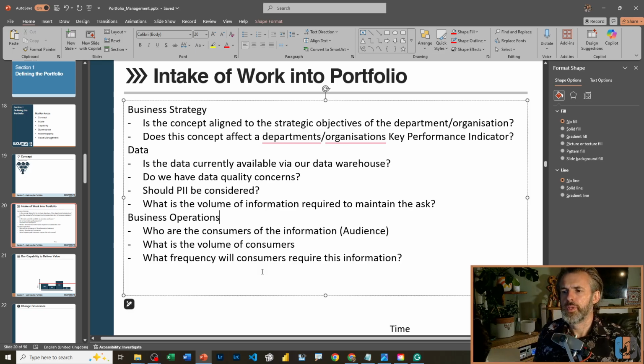Okay, so that's a relevant one. How frequently do consumers require the information? I guess that's interesting from a design point of view. It comes back to who's looking at it, how many people are looking at it, and when are they looking at it?